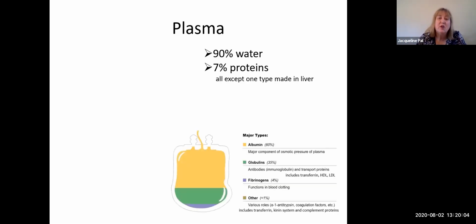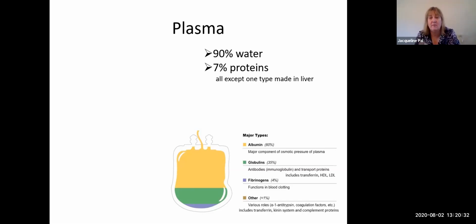Okay. So 7% is actually going to be proteins. And except for one, they're all going to be made in the liver. So liver function is super important. There are these major types here. Albumin, which is the major component, which gives us this osmotic, this oncotic pull into the blood. This whole group called globulins. So these are immune globulins, and the other name for immune globulins is antibodies.